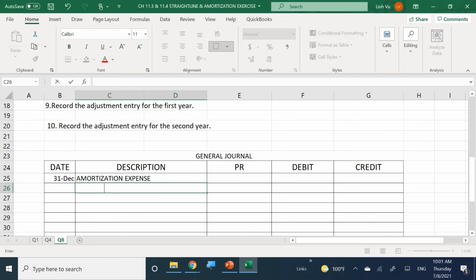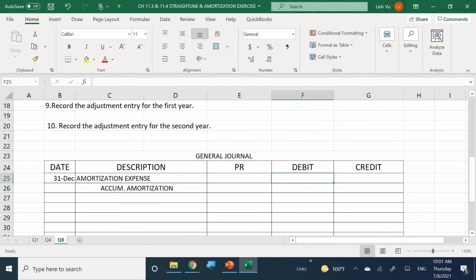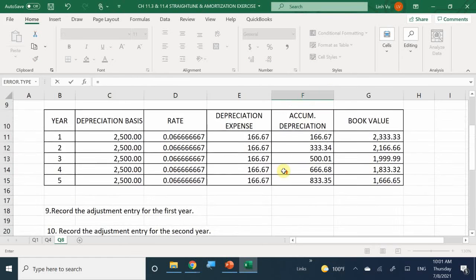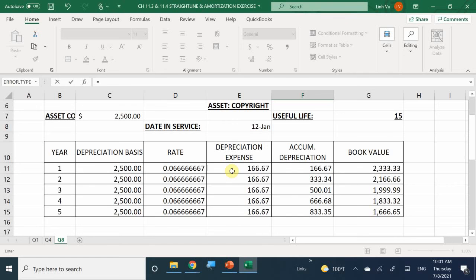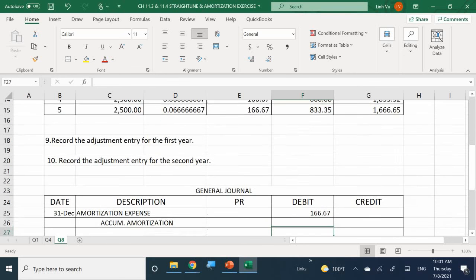It's the same exact concept. So amortization expense and accumulated amortization. That's the only difference there. Instead of depreciation, it's called amortization. And what is going to be the amount for my first year? I got 166.67. That's correct.